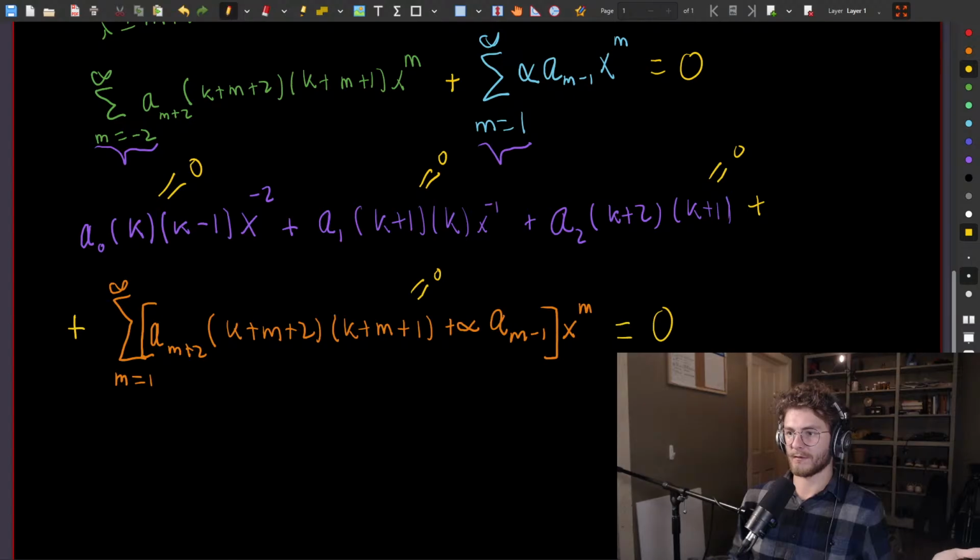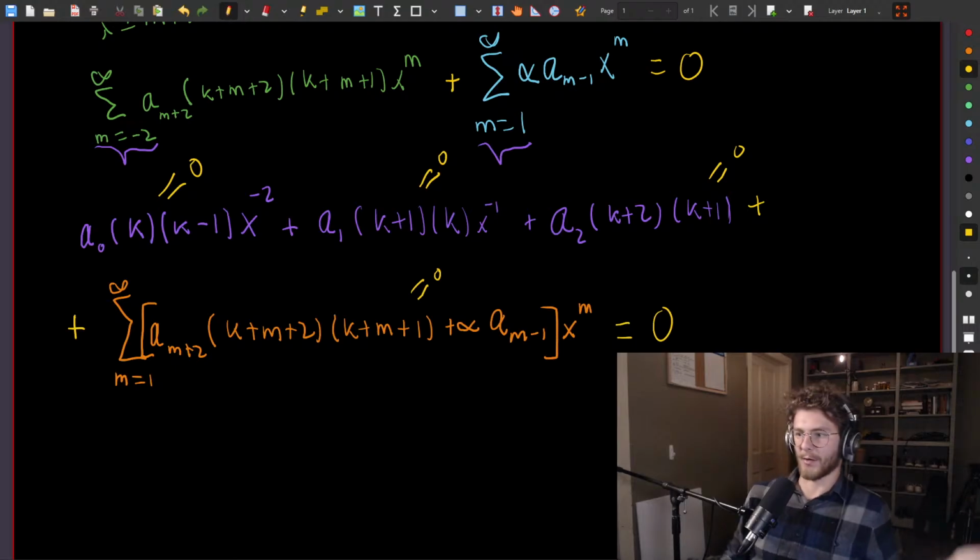So since x to the -2, x to the -1, and then x to the 0 are just 1, we can now set some indicial roots. And in this case, I'm seeing 3. And if you remember from high school or whatever, you can do k times k minus 1. What are the roots of that?